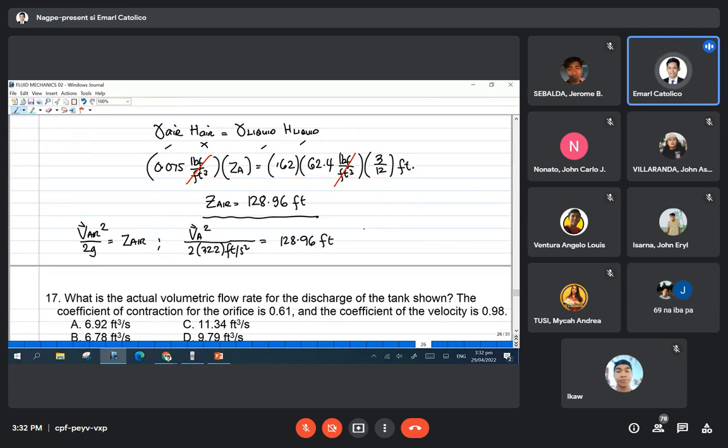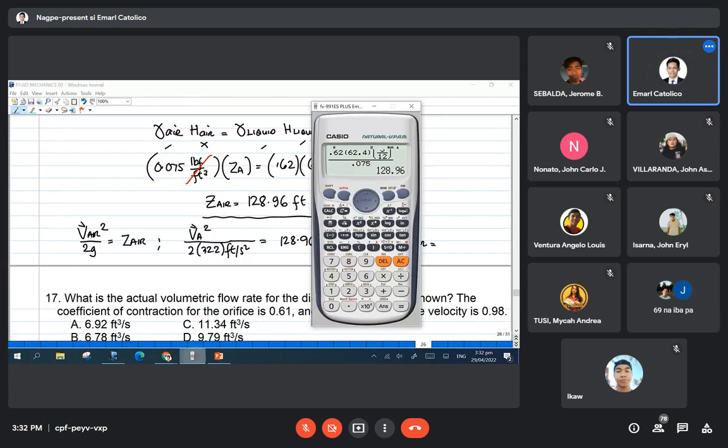So, ang unit mo dito is feet squared per second squared. Square root mo magiging feet per second. Therefore, velocity ng car is equals to velocity ng air is equals to square root of 128.96 times 2 times 32.2.